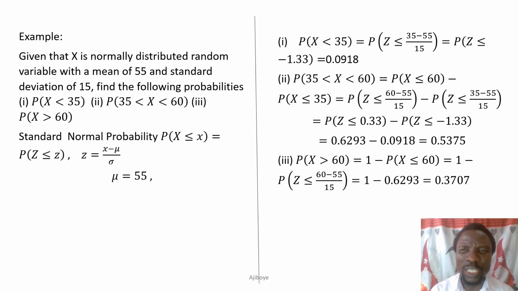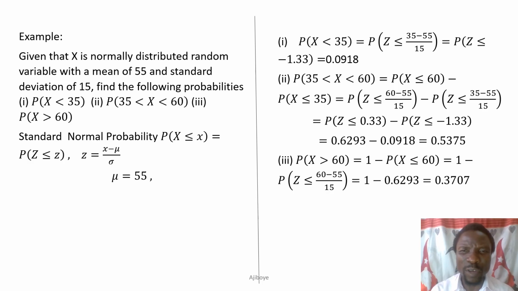When we do that computation, we have probability of Z less than or equals to minus 1.33. And if you check in your statistical table of standard normal distribution, you see that the value would be equivalent to 0.01918.